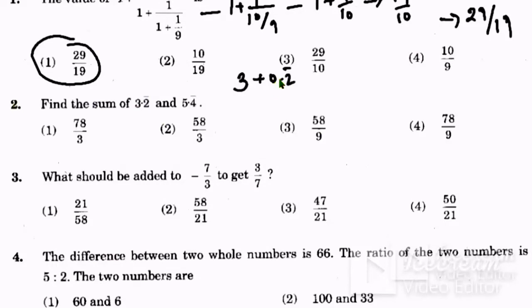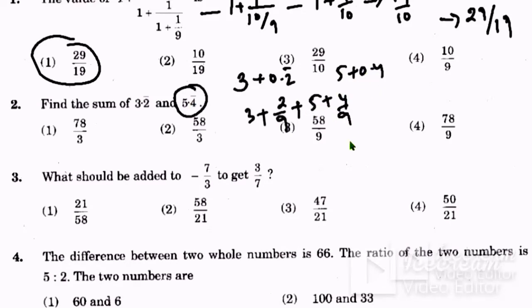For 0.2 recurring, you can write 2 by 9. In the same way, you can write 5.4 recurring as 5 plus 0.4 recurring, so it will be 5 plus 4 upon 9. Recurring decimals can be written as a vulgar fraction, that is 4 by 9.